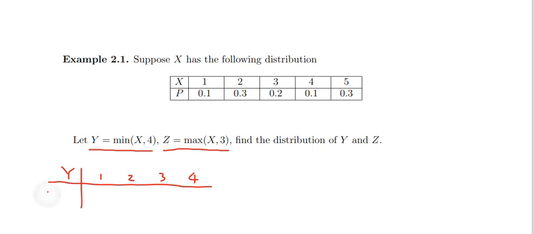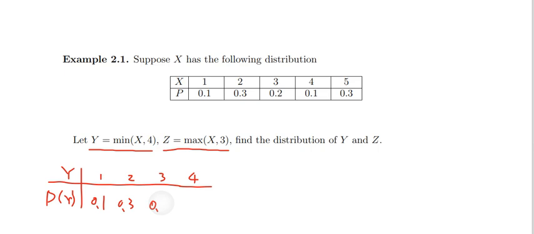So this is the probability for Y. When Y equal 1, X equal 1. So here X equal 2, so the probability Y equal 2 means X equal 2. So Y equal 3 means X equal 3.